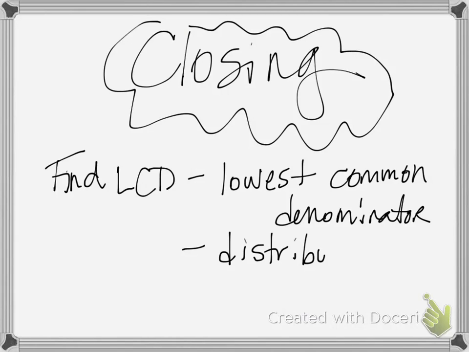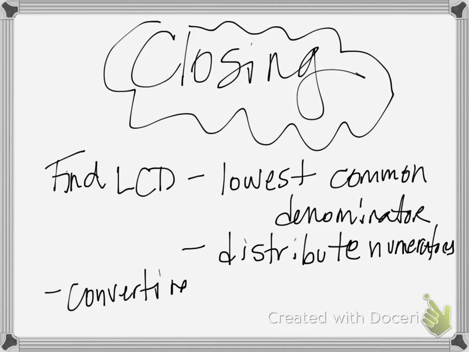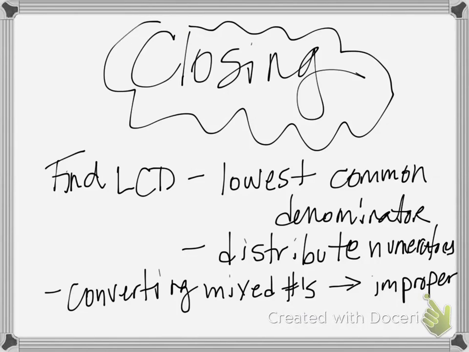And you've been doing this for a long time, but you have to distribute the numerators, and then you're also going to be doing a lot of converting of mixed numbers to improper fractions. Again, these steps are all to make the process easier, because it is a complicated process. You make it less complicated when you take care of these things first.